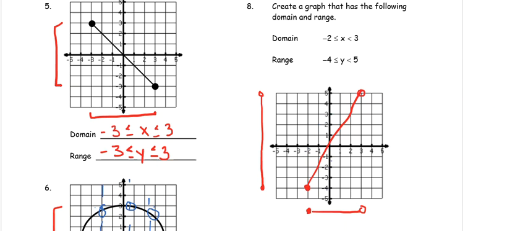I'm trying to draw a better line. You could go, nope, that's not a function. Yeah, it's just saying graph. It doesn't even have to be a function. You could draw something like this. There's a lot of ways. As long as your lower bound and your upper bound have a closed circle down here and an open circle up there, you're good.